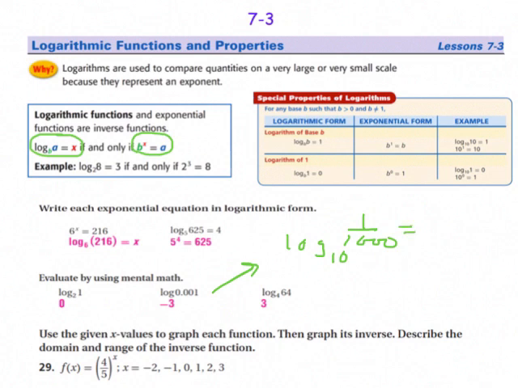Now, I can change that to log base 10, and 1/1,000 is the same as 10 to the negative third. Okay, so again, this little bit of terminology that I'm going to use right now is nothing formal, it's just my way of saying it. When you have this base of the log the same as the base of the exponent, these log out, leaving you with just the negative 3. And that is how we got that negative 3.